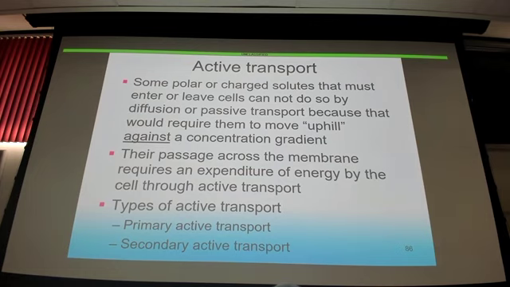That's an active process. Active processes require energy because we're moving against the concentration gradient. We're moving upriver.